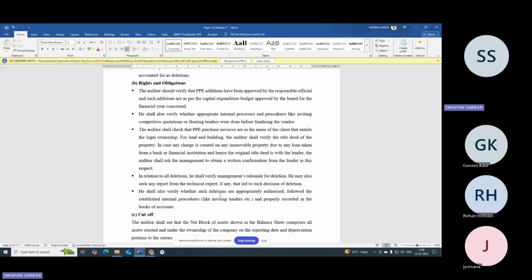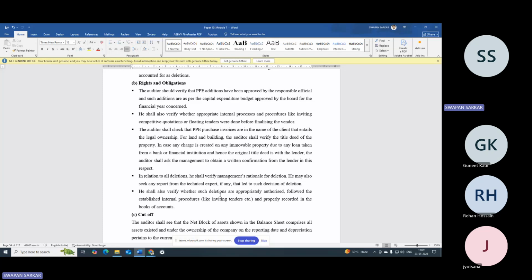In case a charge is created on any immovable property due to any loan taken from a bank or financial institution, hence the original title deed is with the lender.